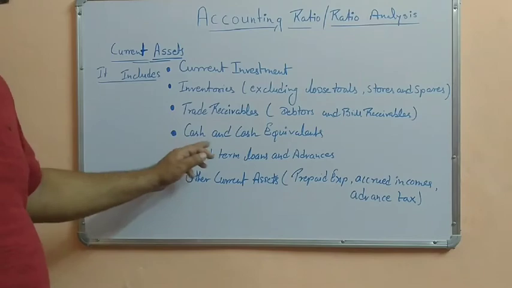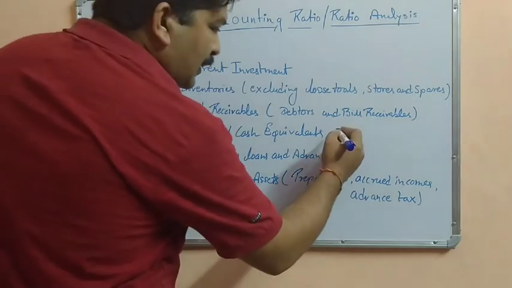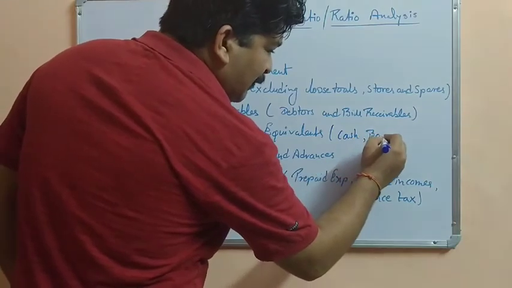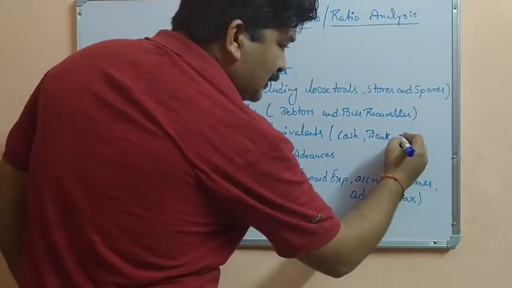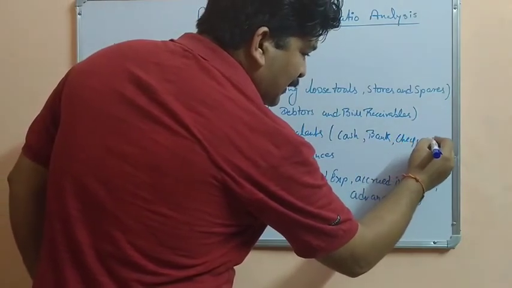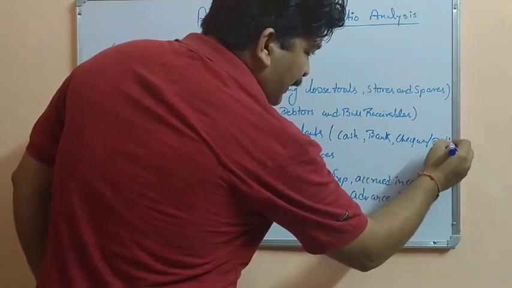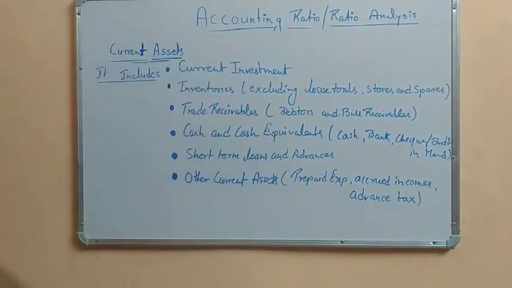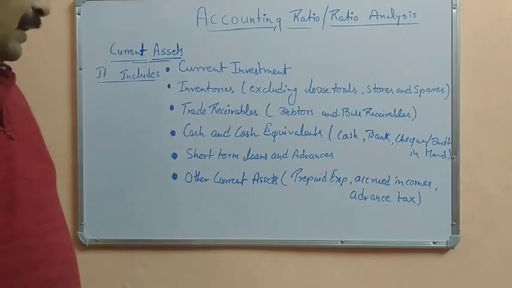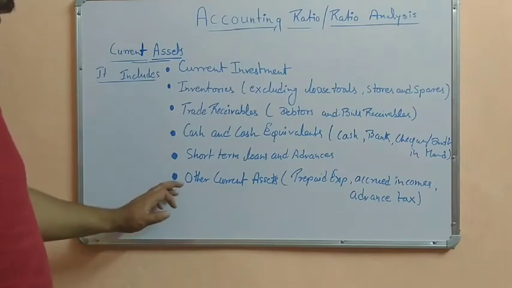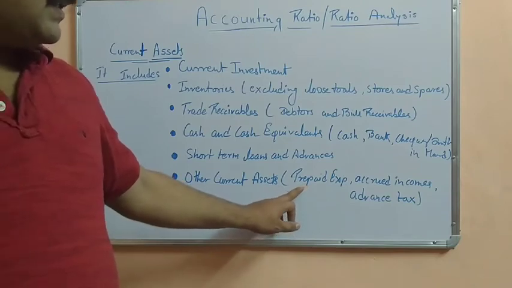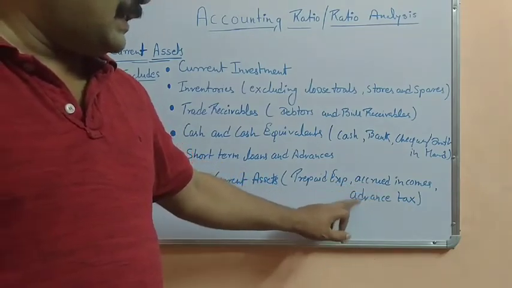The fourth item is cash and cash equivalents, which includes cash in hand, cash at bank, cheques or drafts in hand. Next is short-term loans and advances, that is loans and advances given for less than 1 year. Next is other current assets. It includes prepaid expenses, accrued income and advance tax.